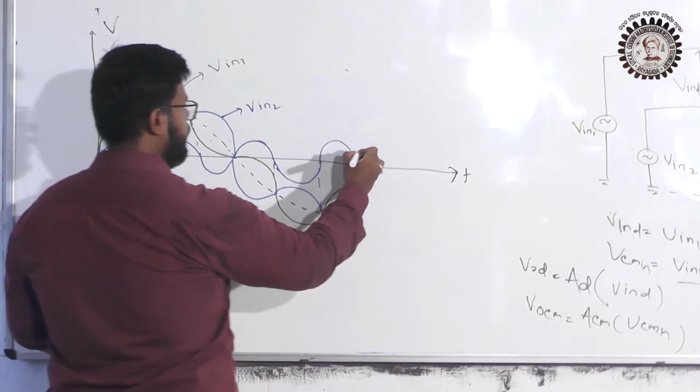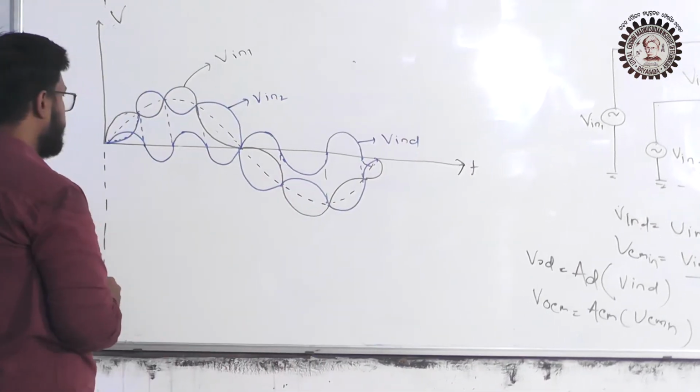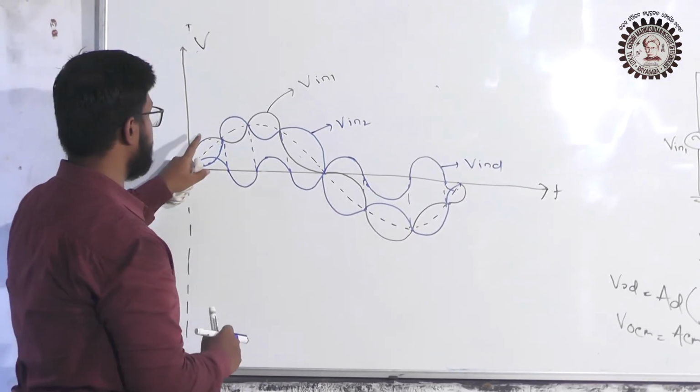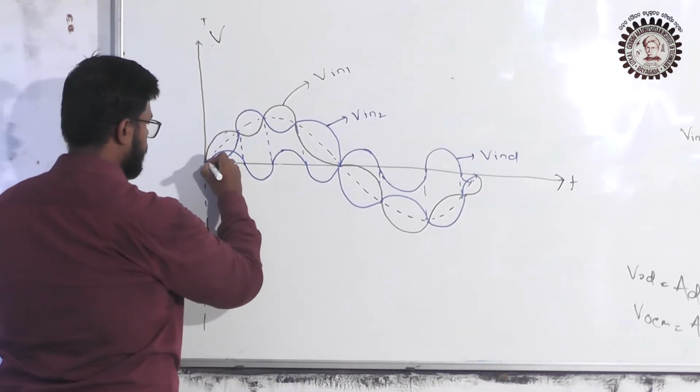So this is our differential input, V in difference. But we can clearly see that the average of V in 1 and V in 2, that is the common mode signal, will be this one.